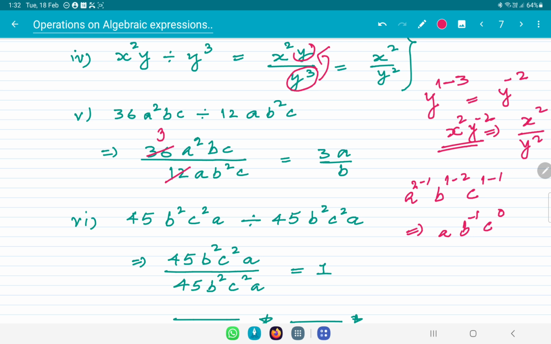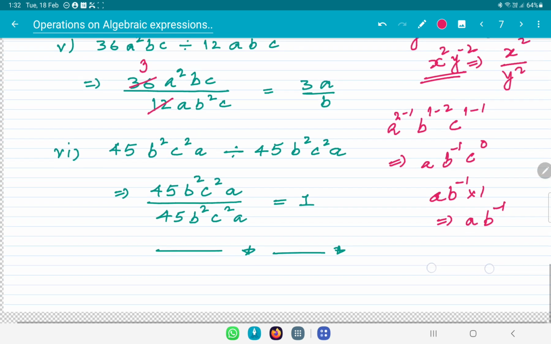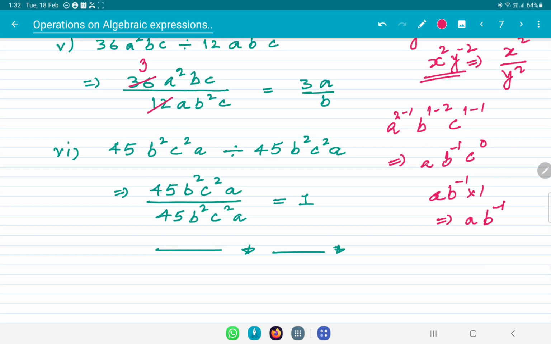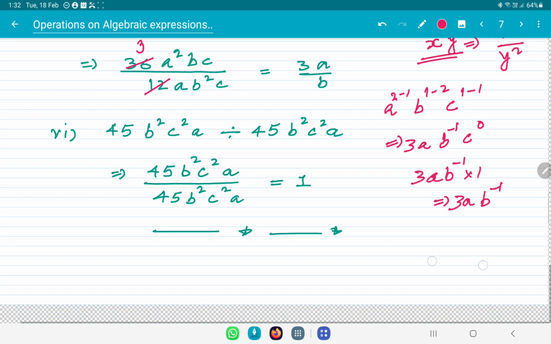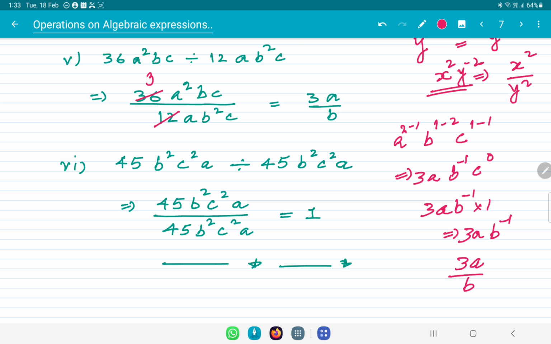Anything raised to the power 0 in exponent is 1. So we get a b raised to the power minus 1 into 1, which is a b raised to the power minus 1. So our final answer will be 3 a b raised to the power minus 1, but we have to write our answer in positive terms, so it will become 3a upon b. Okay, now see next one.